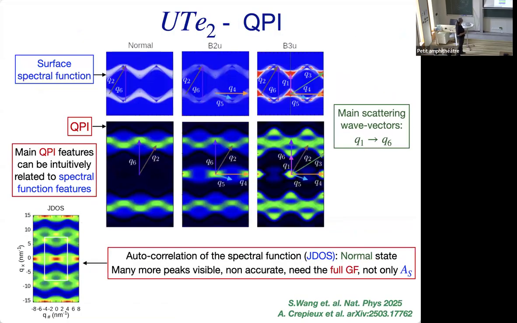Now the comparison. Okay, so now another step back to the spectral function, because in order to understand the Fourier transform of the local density of states, you have to understand where it is coming from. So now I have electrons living in these regions.